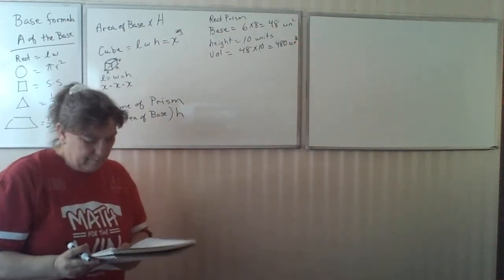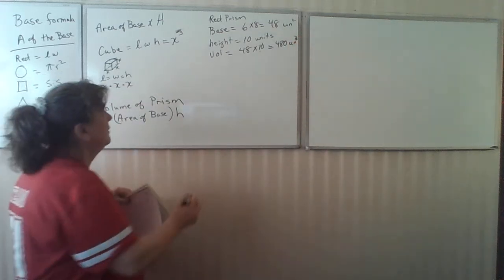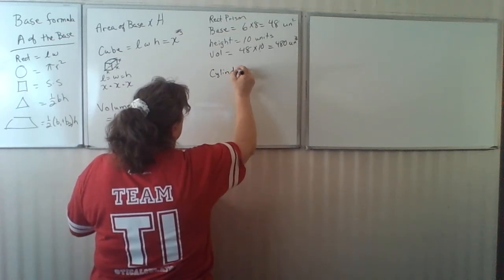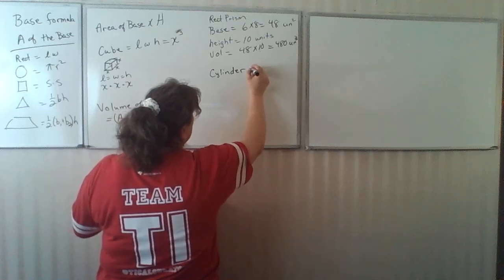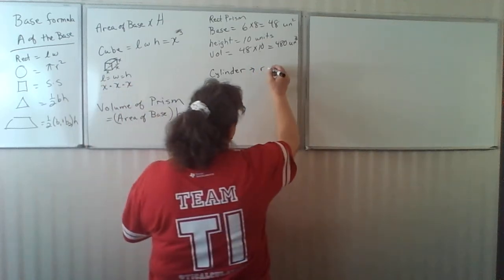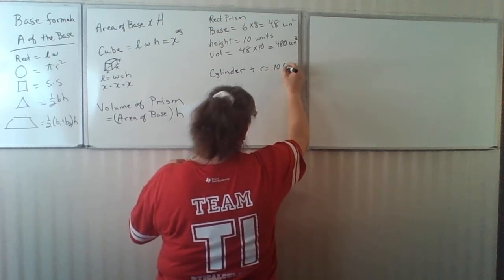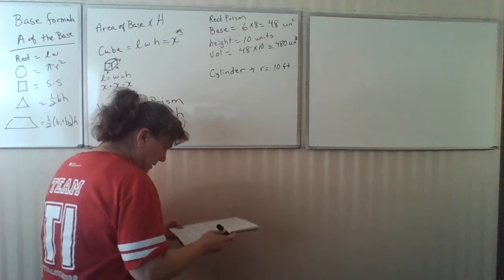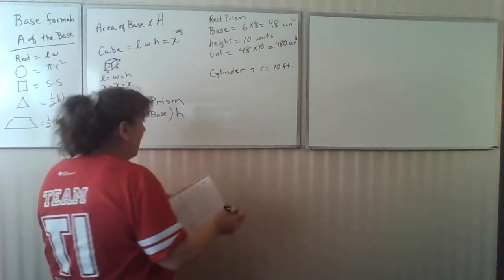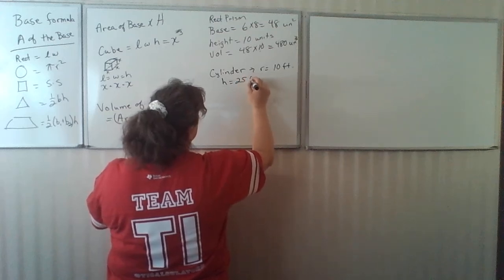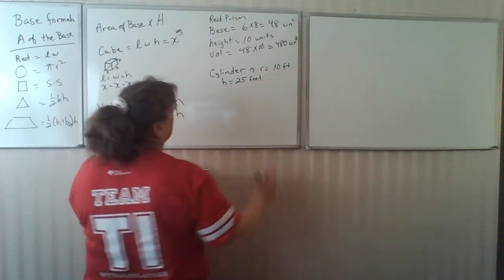Now, let's look at a cylinder. In my cylinder, I have a radius of 10, and I have a height of 25 feet. Okay?